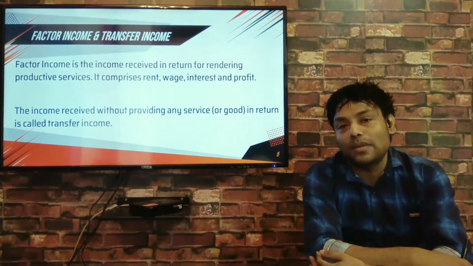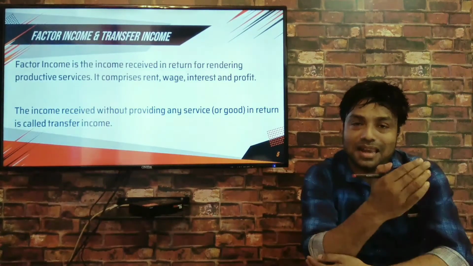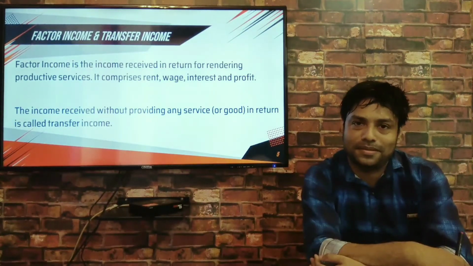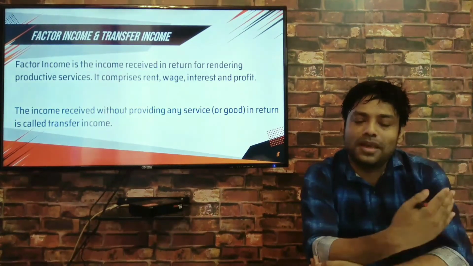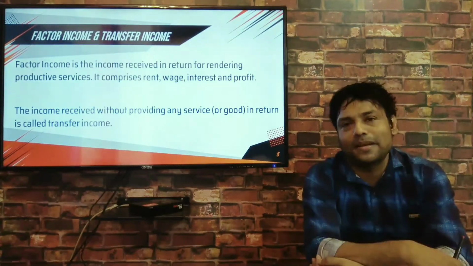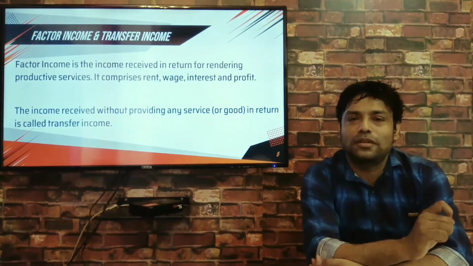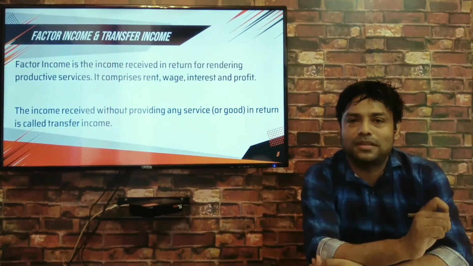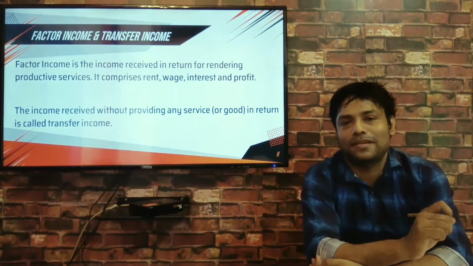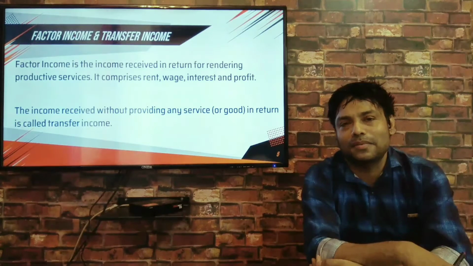Transfer income refers to the income received without rendering any productive services in return. For example, old age pension, gifts, unemployment allowances, etc. These are the examples of transfer incomes.